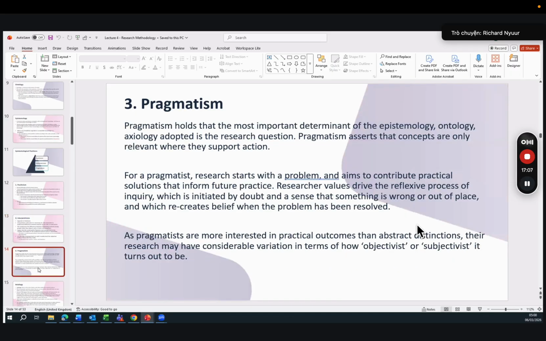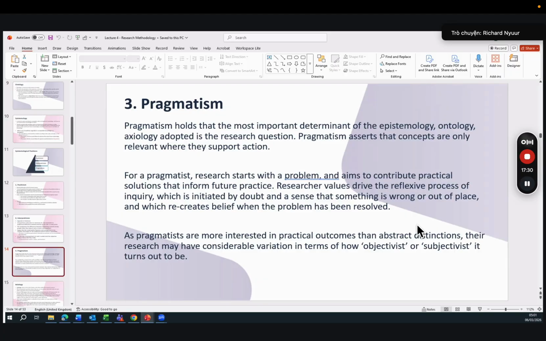Now, pragmatism holds that the most important determinant of the epistemology or ontology or axiology adopted is the research question, and therefore it is only relevant where they support the action.